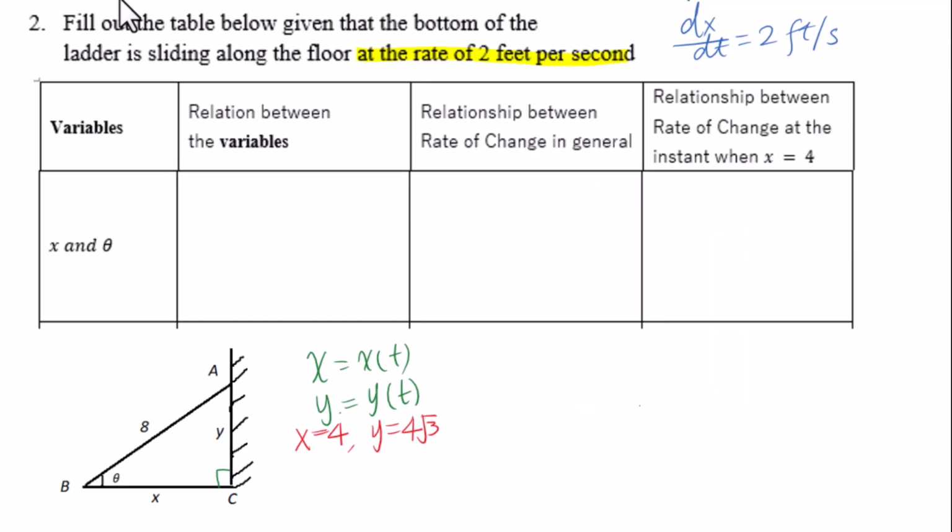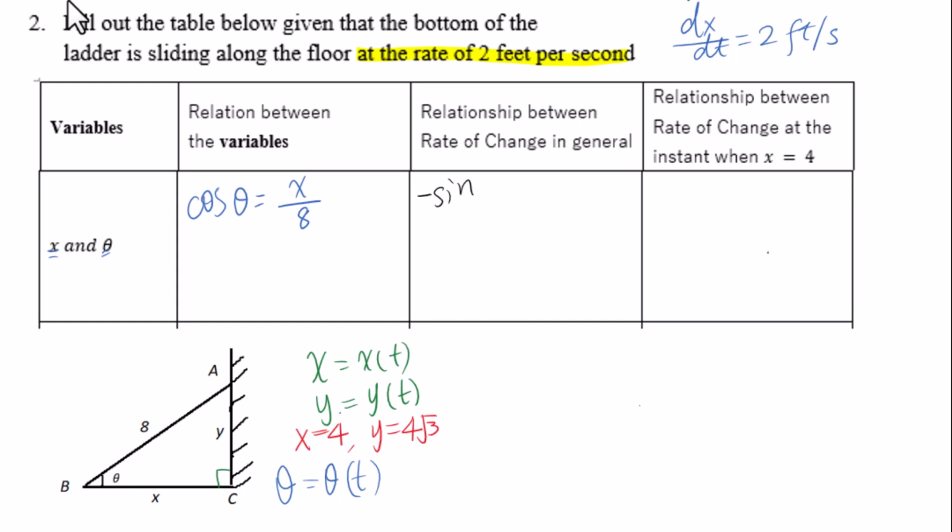For variables x and theta, we know theta is also a function of t. For x and theta, we will use cosine theta equals x over 8. Take a derivative with respect to t.